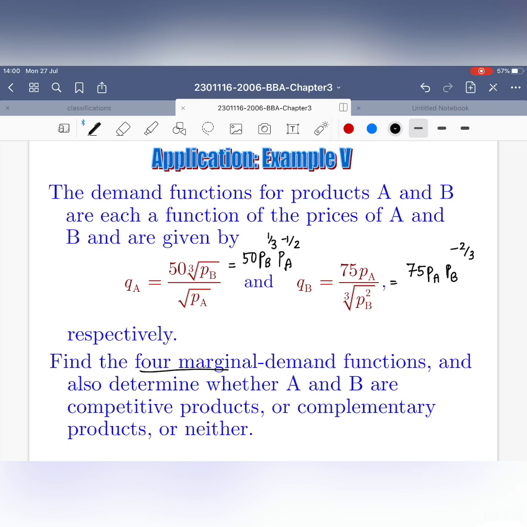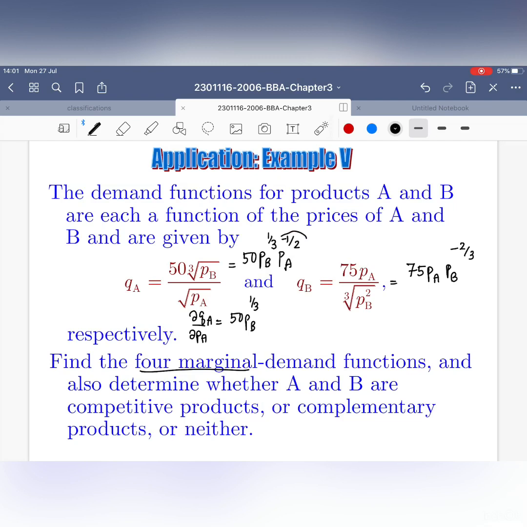So first you need to find the marginal demand functions, so you need to find all of them. Let's look at the first one. If you find the derivative of QA with respect to the price A, what do you expect? This 50 PB raised to the power 1/3 is nothing but your constant, right?